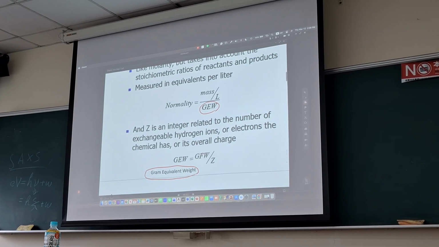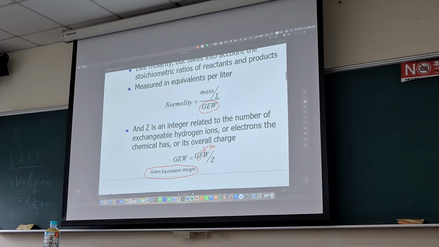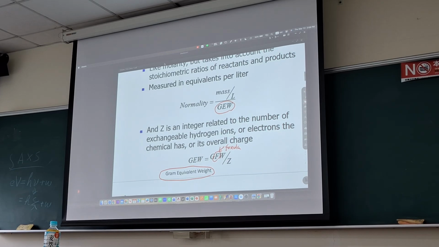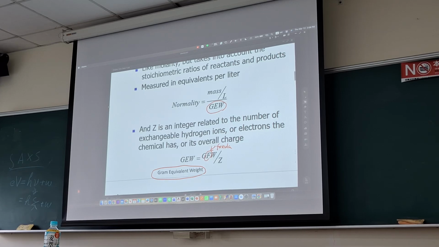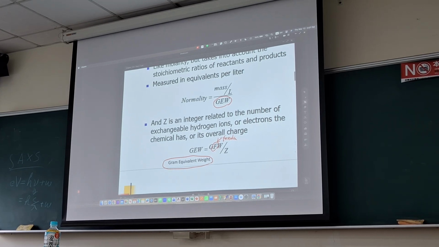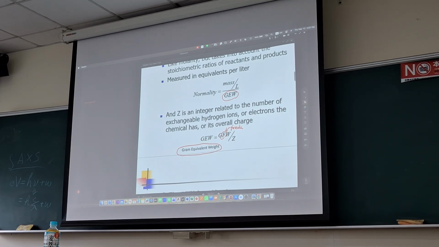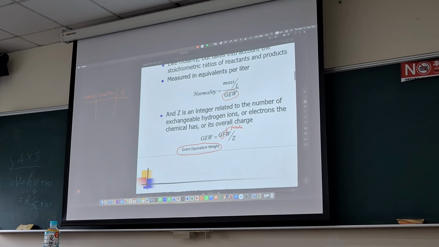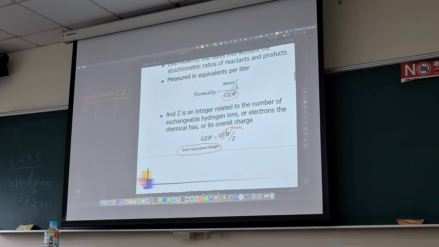The GFW, the F here stands for formula. The problem is Z, right? Let me give you some examples.